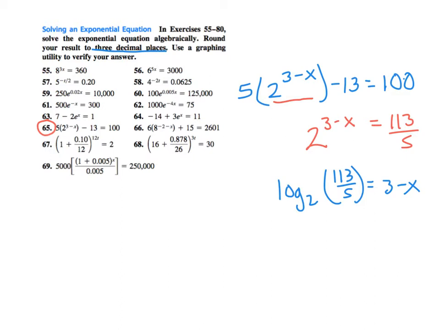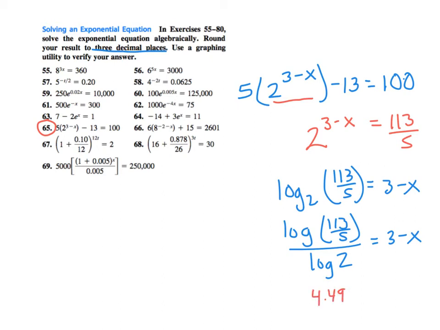I'd have to enter log of 113 fifths in base 10 over log of 2, or ln of 113 fifths over ln of 2. And if I do that, I end up with approximately 4.498 is approximately 3 minus x.